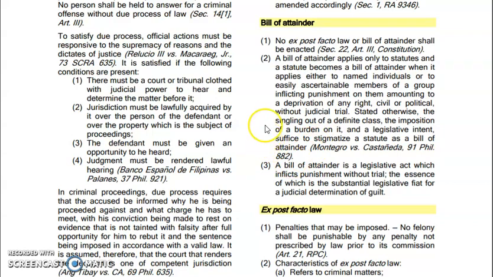Official actions must be responsive to the supremacy of reasons and the dictates of justice. It must satisfy the following: that there must be a court or tribunal clothed with judicial power to hear and determine the matter before it.